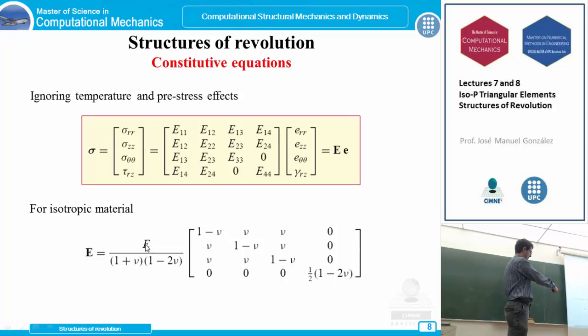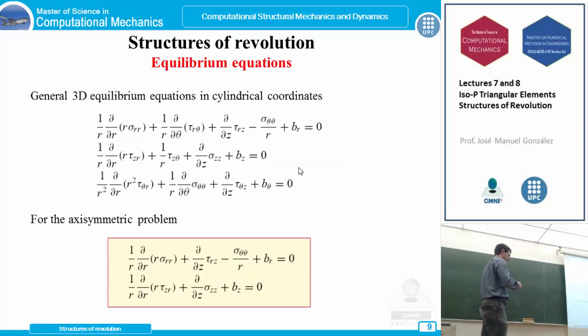Remember that this is the factor used in plane strain, so the matrix in plane strain is like that, but we have added 1 row for the circumferential component for the stress and strain. So this component is the relation between tangential stress and distortion. These are the two relation components for radial and vertical, and this rho relates the circumferential stress and the circumferential strain in our problem.